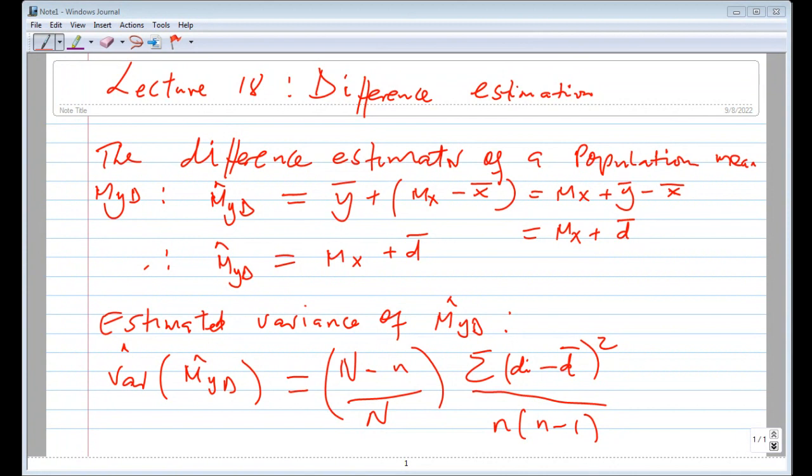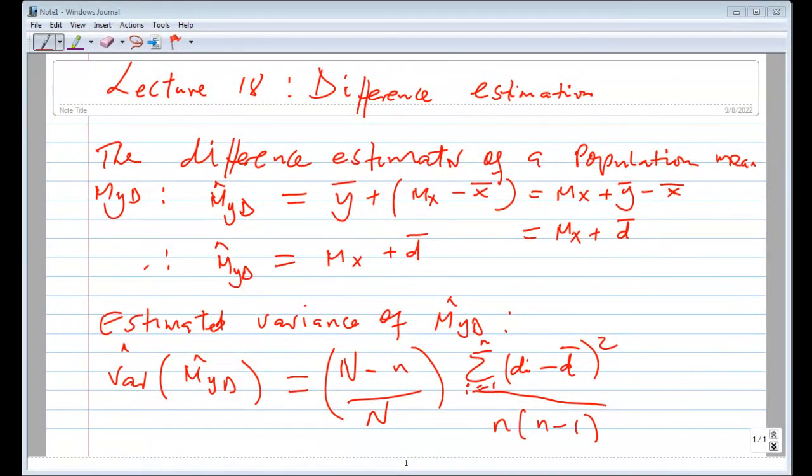Var estimate, open brackets, mu yd estimate, close brackets, which is equal to the population size minus the sample size, all divided by the population size, close brackets. Then we are summing from i equal to 1 up to n of di minus d bar, squared.